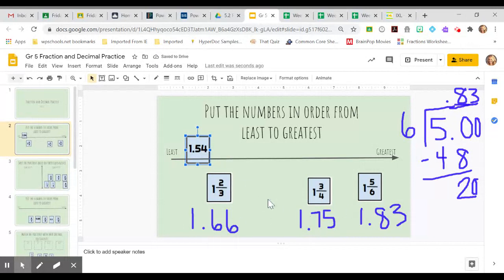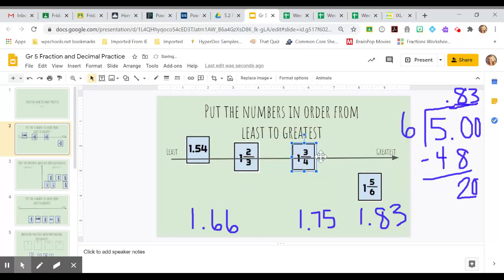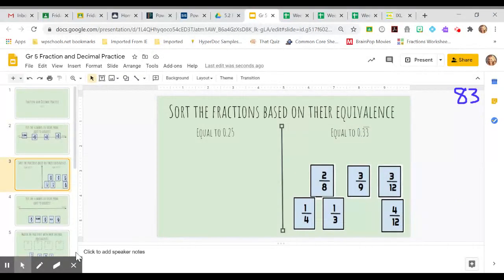Then I would have 1 2/3 next, followed by 1 3/4, and then 1 5/6 would be last. Okay. That one was a little bit tricky. Let's go to the next slide, and let me erase that.